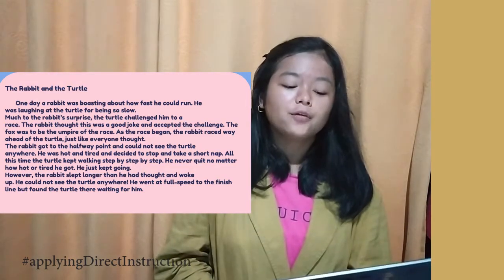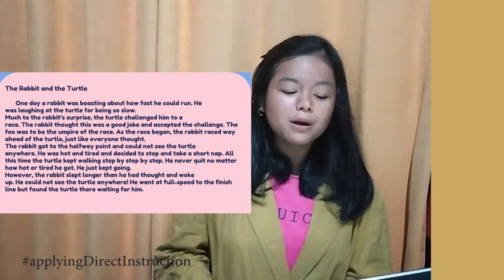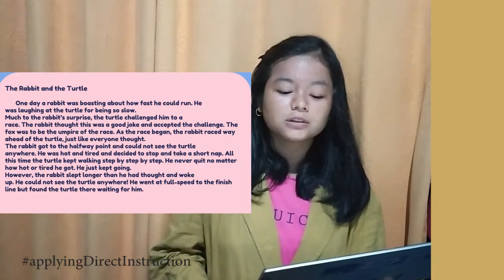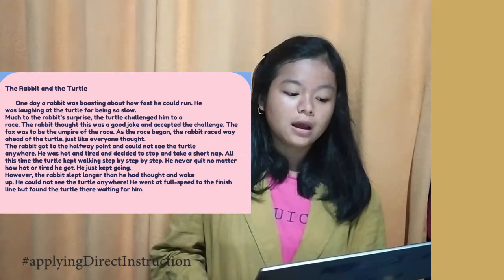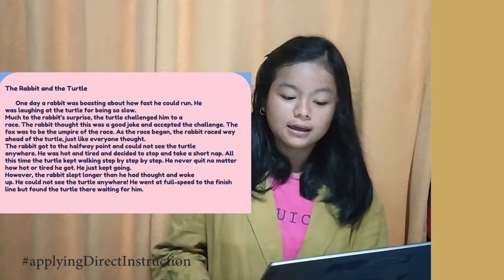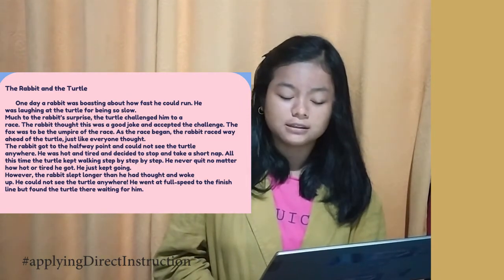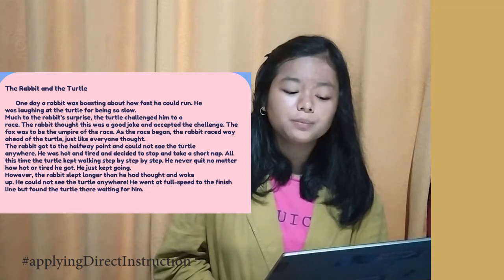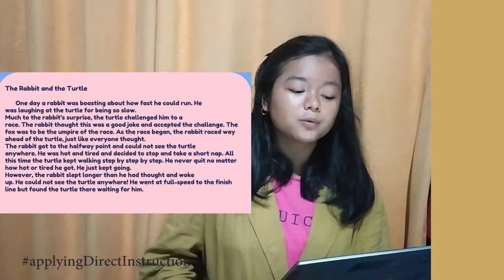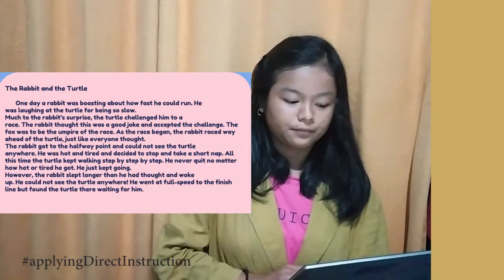Title: The Rabbit and the Turtle. One day, a rabbit was boasting about how fast he could run. He was laughing at the turtle for being so slow. Much to the rabbit's surprise, the turtle challenged him to race. The rabbit thought this was a good joke and accepted the challenge. The fox was to be the umpire of the race. As the race began, the rabbit raced away ahead of the turtle, just like everyone thought.